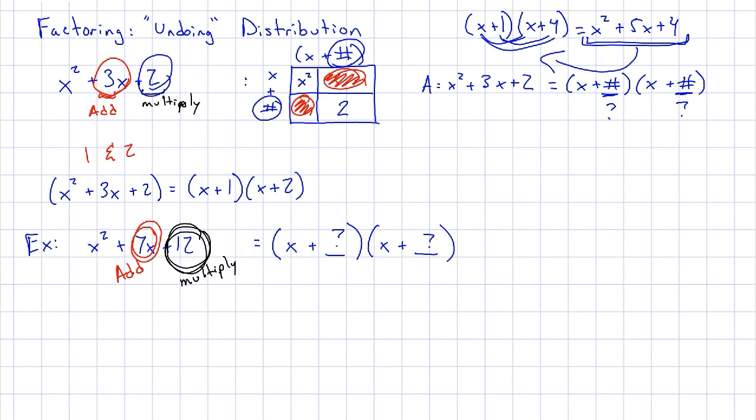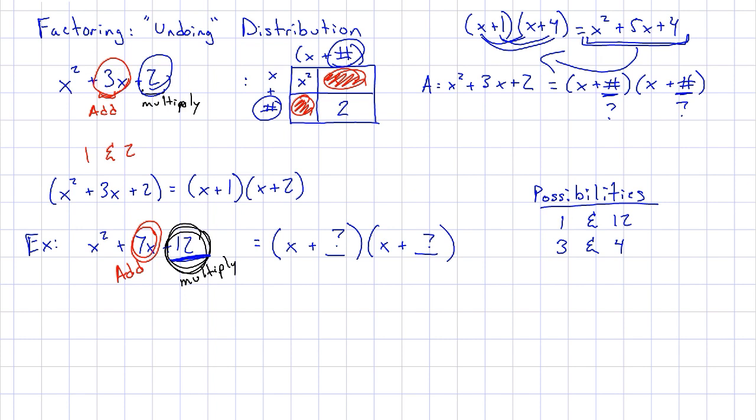So most often what you want to do when you're doing this is, what are all the things that you can multiply to equal 12? So possibilities. We have 1 and 12. We have 3 and 4.